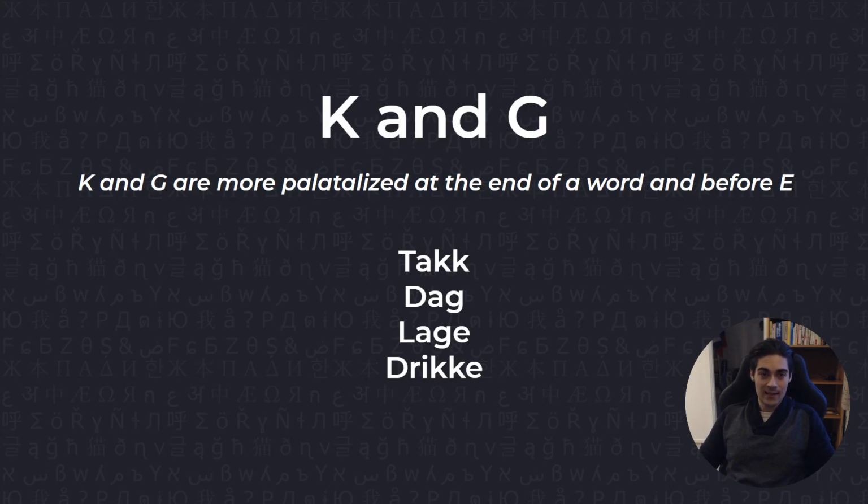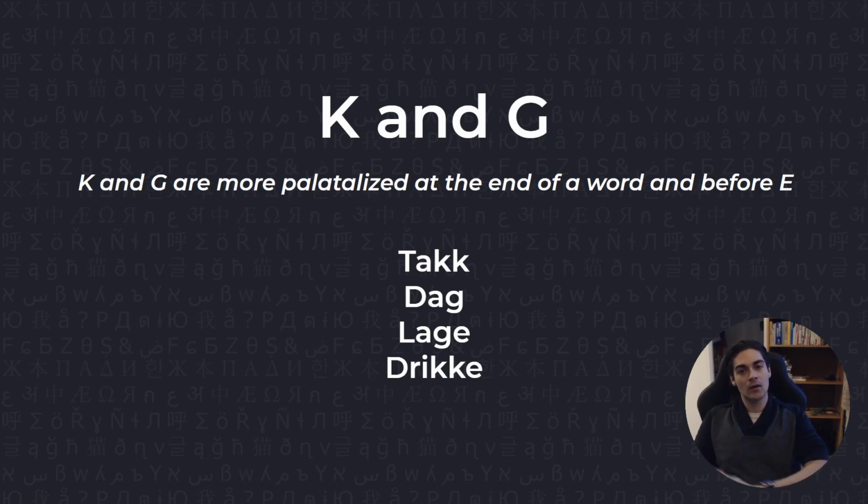So K and G. K and G in Norwegian are more palatalized. What that means is you take the sound and you sort of put like this E or a Y sound after it. Think about the difference between ka, ga, and ki, and gi.